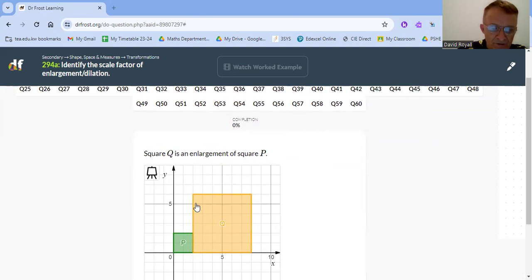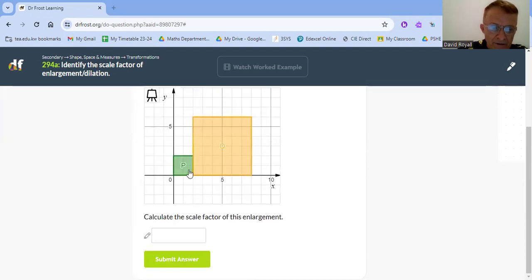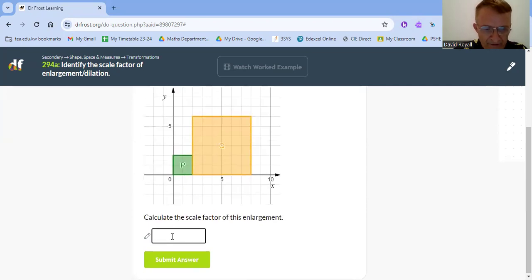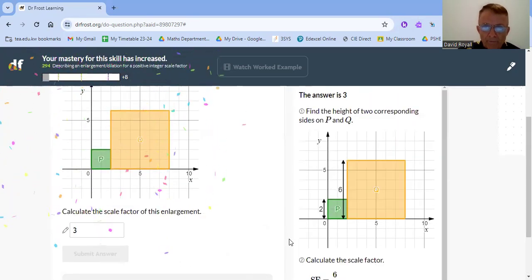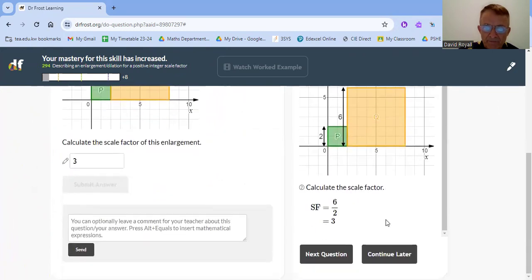Because it's 2 across, whereas this is 1, 2, 3, 4, 5, 6. And 6 divided by 2 is 3. So I'll just put in the scale factor of 3. Whoopee, I'm right. Next question.